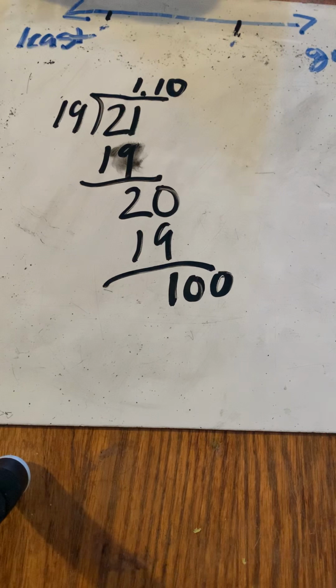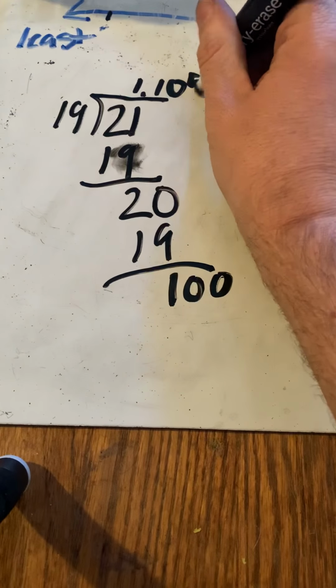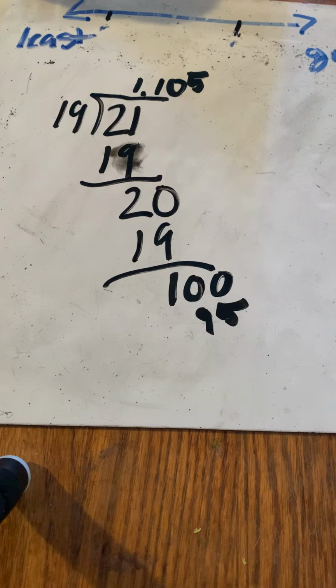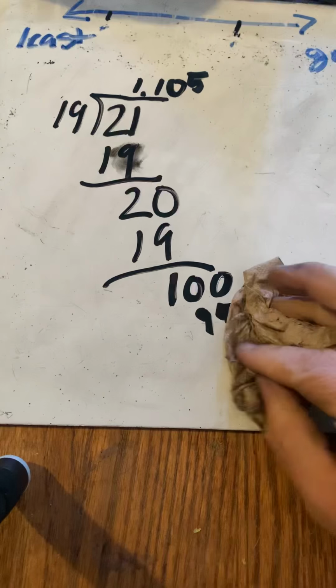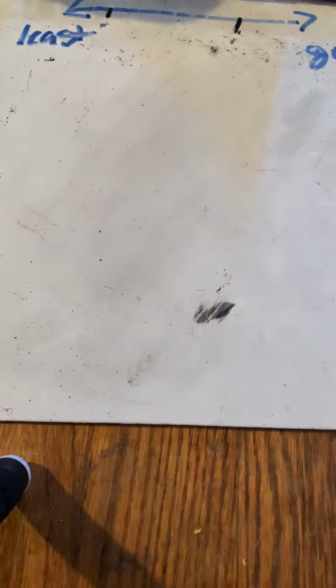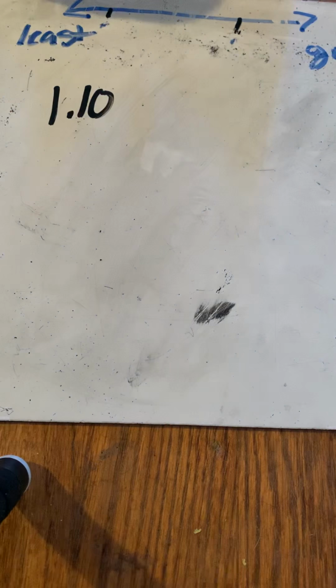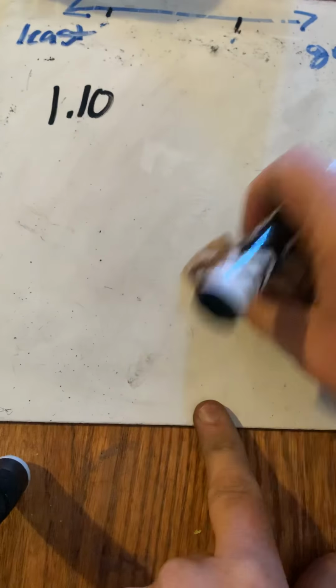So we can say 19 times 5 is 95, and spoiler alert, this is just going to go on and on forever and ever. Ad infinitum, fancy way of saying forever. We're not going to do that. I'm just going to ballpark this and say that 21/19 is approximately 1.10.